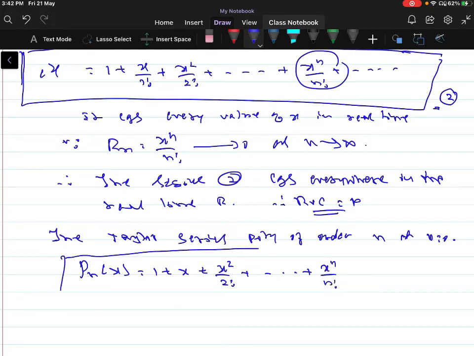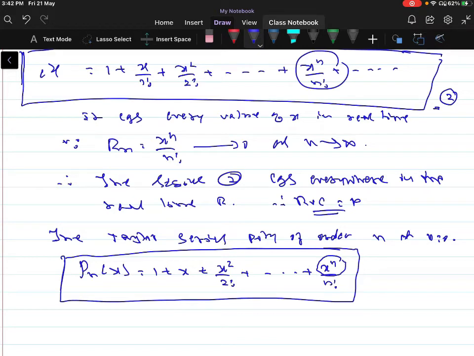So this is a polynomial of degree n, terminating the higher order powers of x.